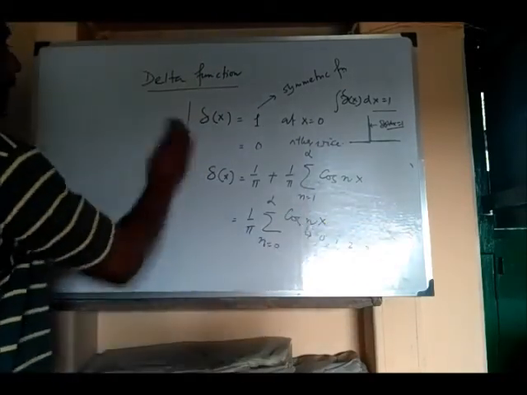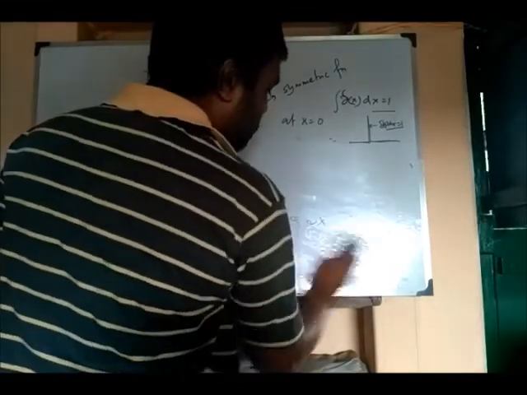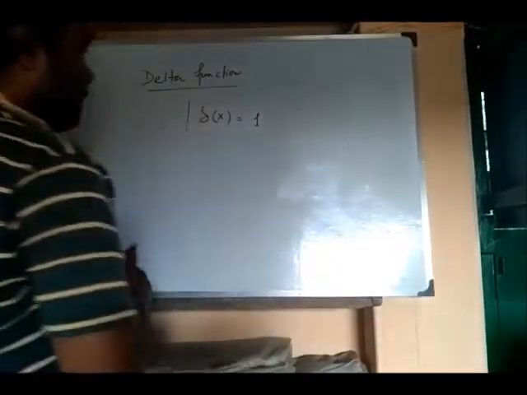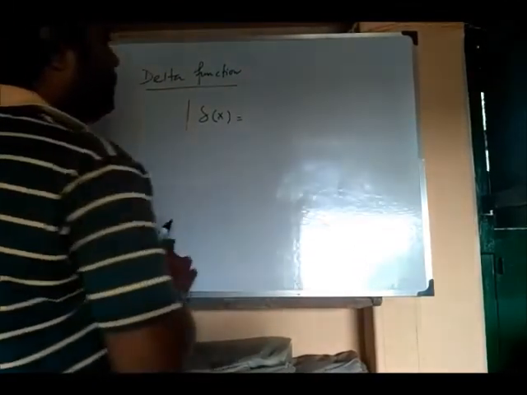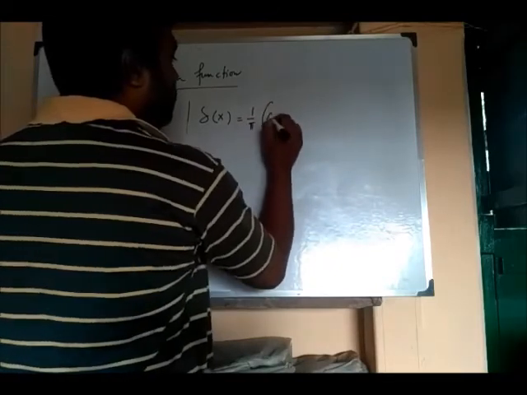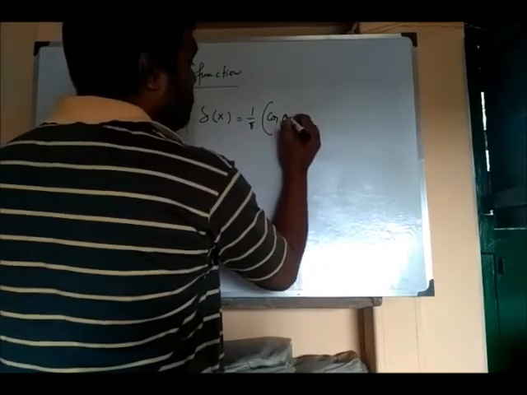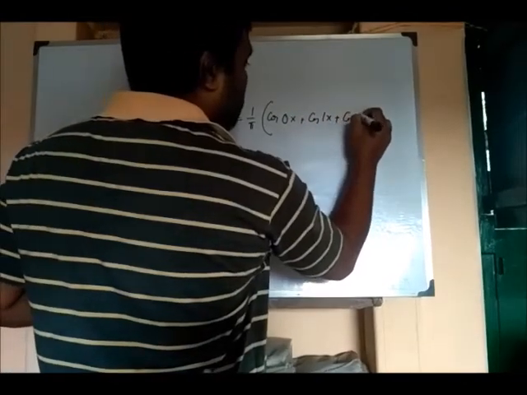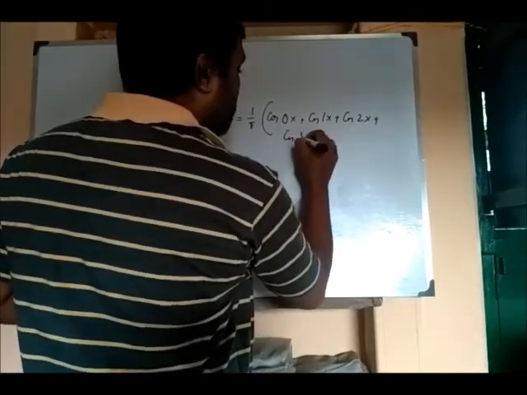So I can write here that this delta function is nothing but 1 upon pi times cos 0x plus cos 1x plus cos 2x plus cos 3x, and so on.